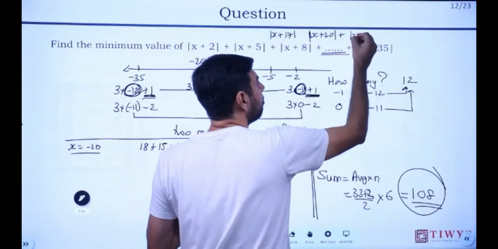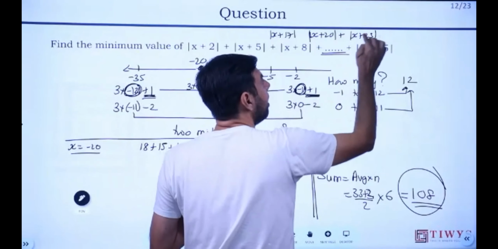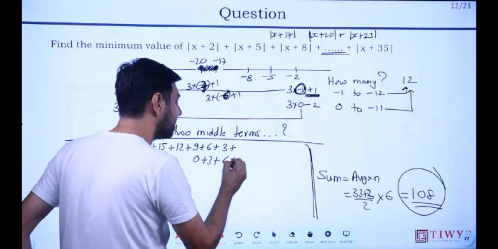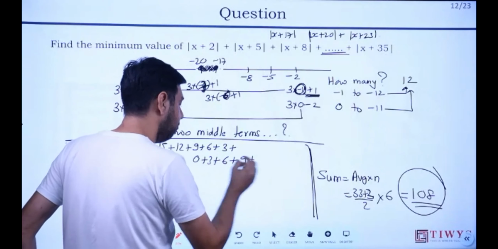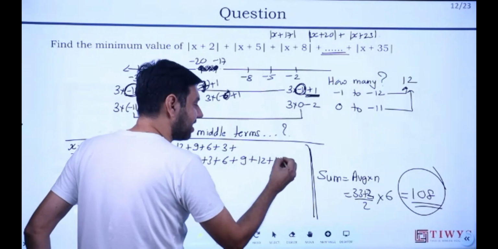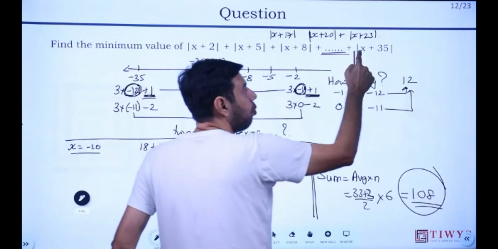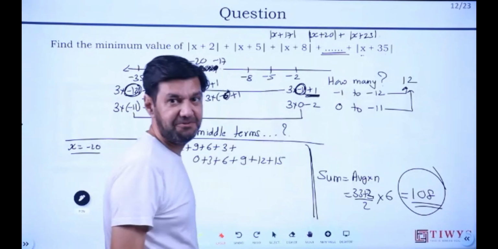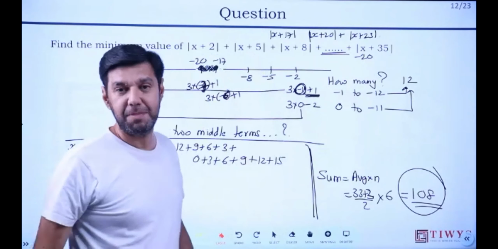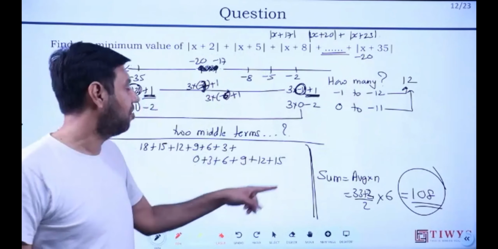Then there's a term x plus 23. -20 and 23 is 3. Then there's a 6. Then there's a 9. 1, 2, 3, 4, 5, and a 6. Check. Then -20 and 35 is plus 15, mod is 15.